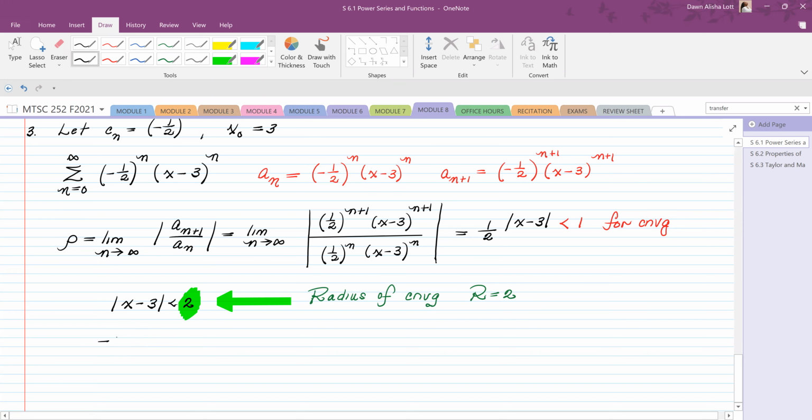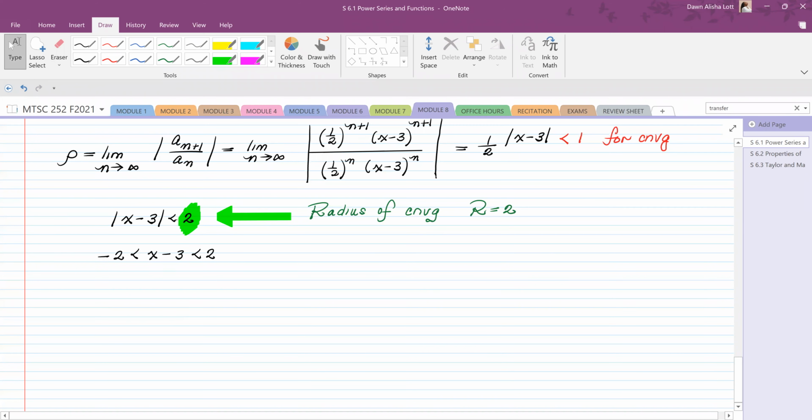We get -2 is less than x minus 3 is less than 2. Okay. And then we add 3 to every piece and we get 1 is less than x is less than 5. That is the interval of convergence.